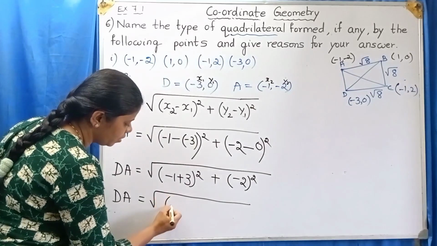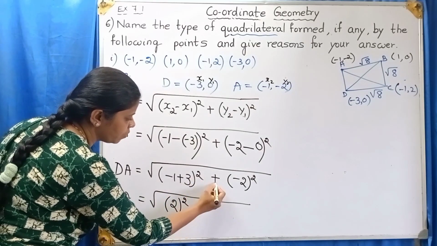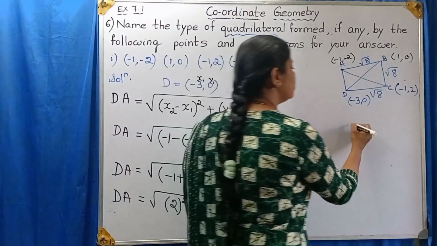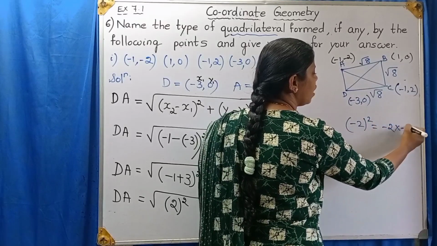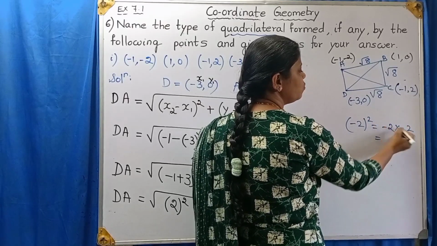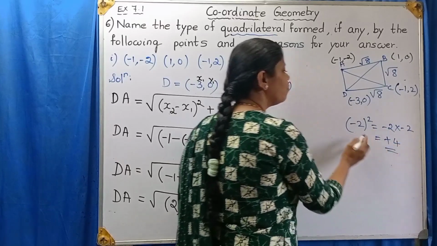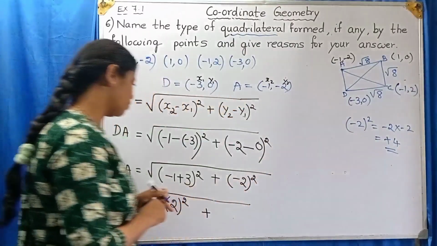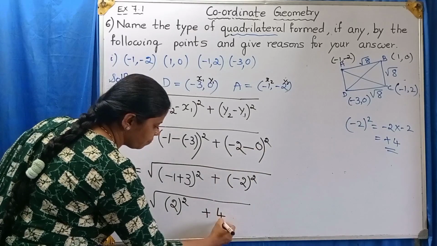Plus 2. Right? 2. For this square let us write square. Plus minus 2 square. See here, minus 2 the whole square means what? Minus 2 it is present 2 times. Right? Minus into minus is plus. Then 2 2s are 4. When it is square, the minus it will become plus. Therefore, minus 2 the whole square, I can write it as 4.